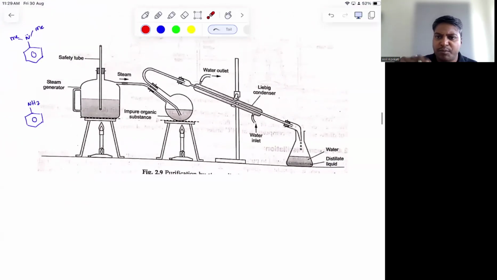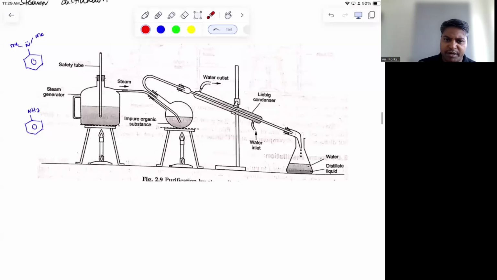Okay. So two important conditions, students. One, for steam distillation, the liquid should be immiscible with steam, with water. Correct. Second, it should have more solubility in vapor state compared to liquid state. Okay. So it should dissolve more in the steam compared to that of water.